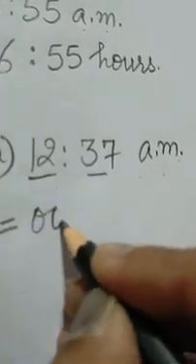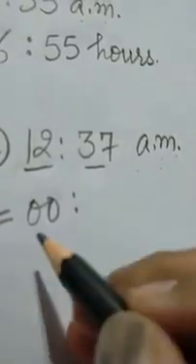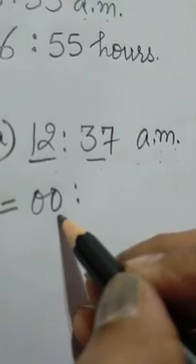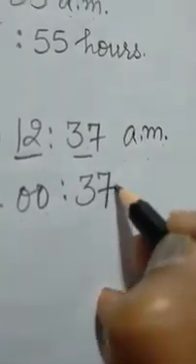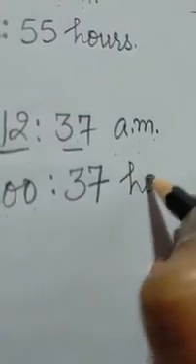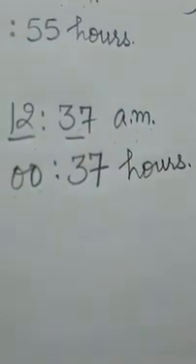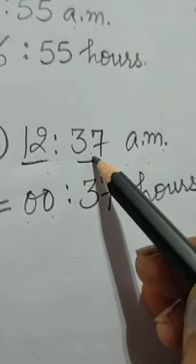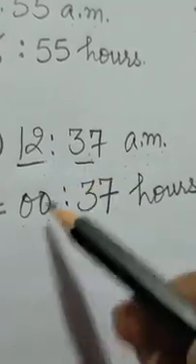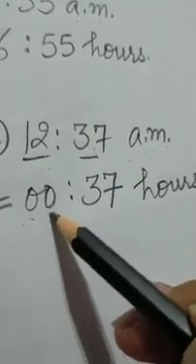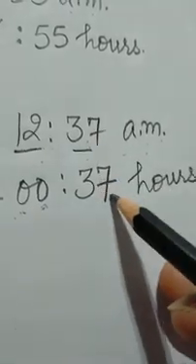Then 0 hours, because not even 1 hour has been completed yet, and only minutes are there, so we will write 0 hours 37 minutes. Because only 37 minutes have passed since the day began, so no hour has passed yet. Like this we will write the time.